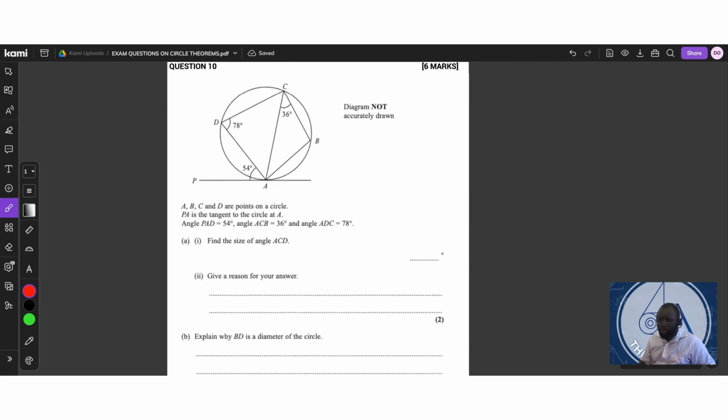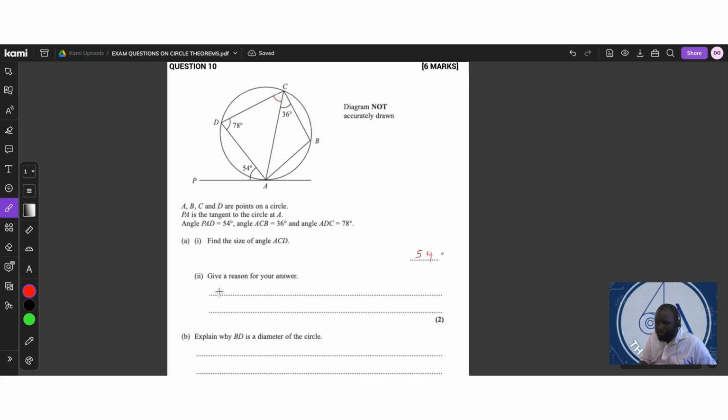So in question 10, we are told A, B, C, D are points on a circle. I think that is now becoming a song and very boring towards the end, like, you've said that 50 times. Find the size of angle ACD. That is ACD, that angle there. So that angle will be equal to this 54 degrees.